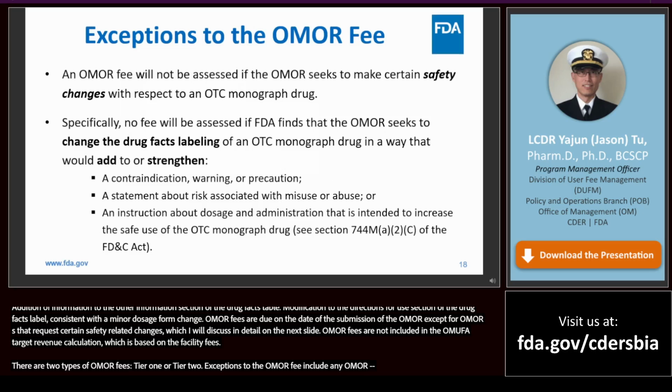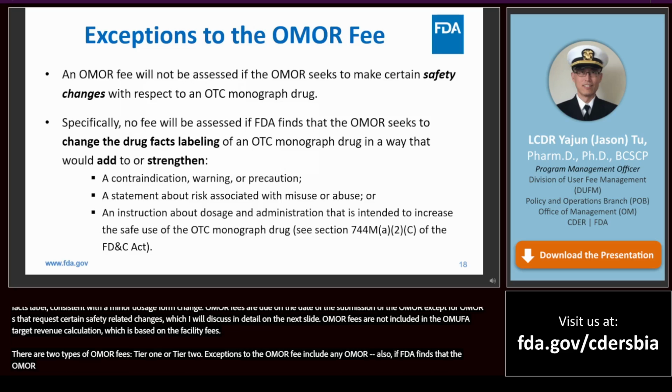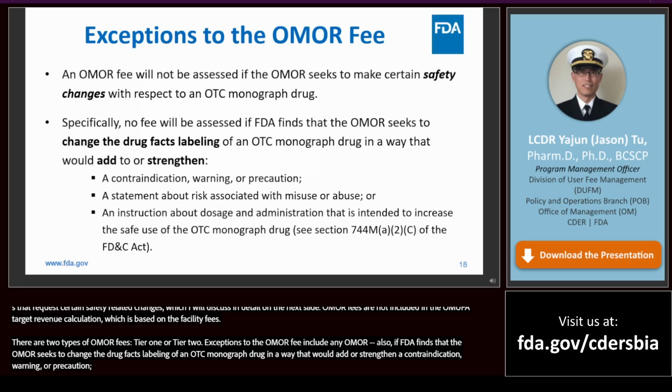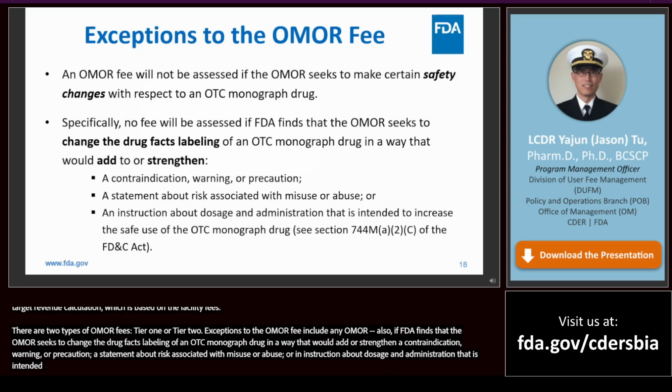And also, if FDA finds that the OMOR seeks to change the Drug Facts labeling of an OTC monograph drug in a way that would add or strengthen a contraindication, warning, or precaution, a statement about risk associated with misuse or abuse, or an instruction about dosage and administration that is intended to increase the safe use of the OTC monograph drug.